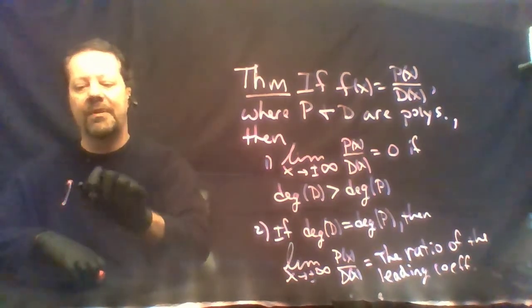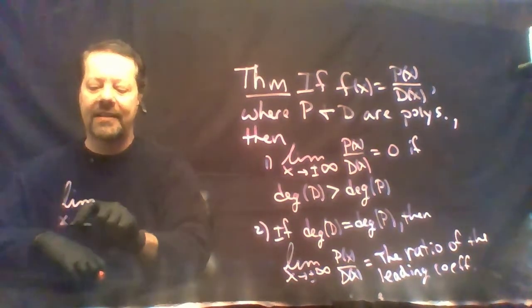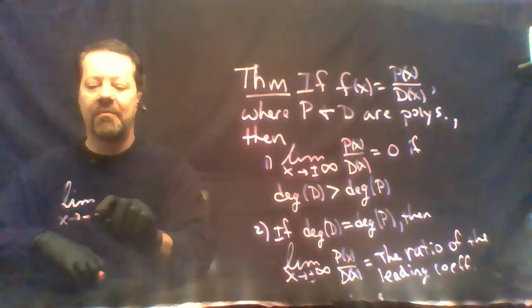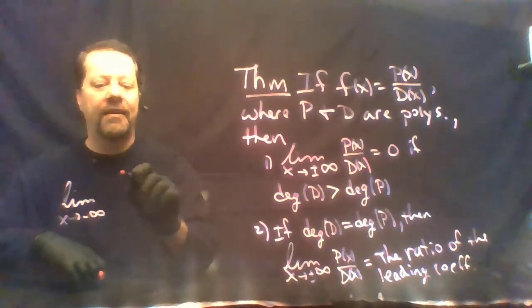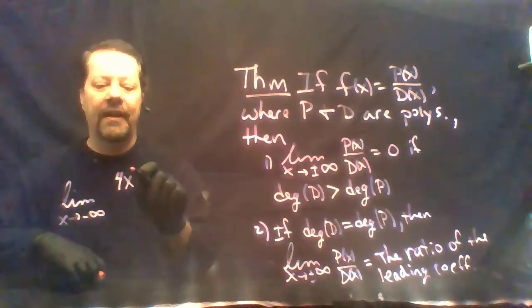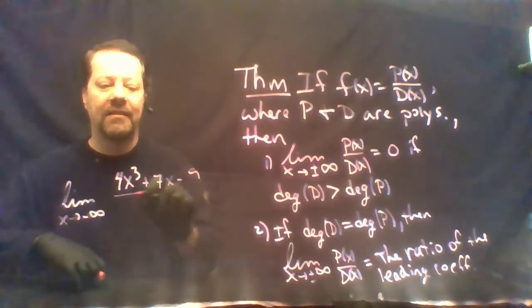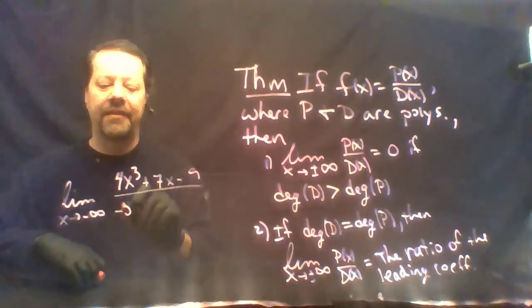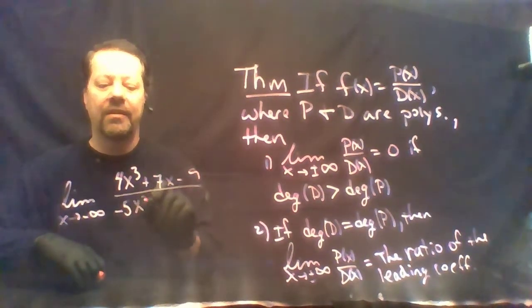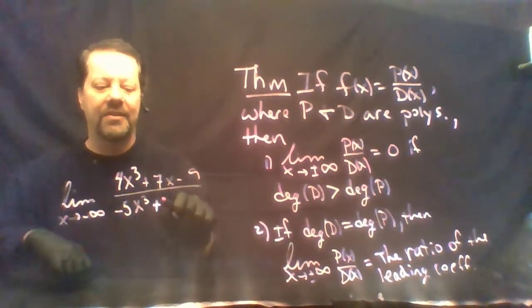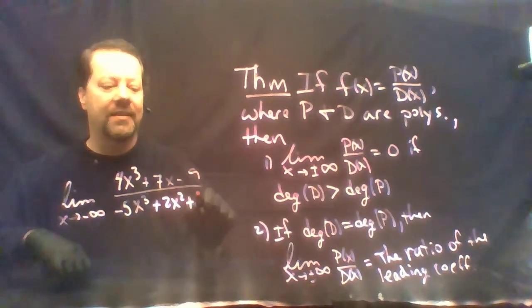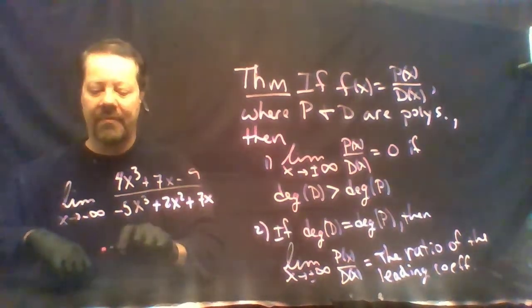So for example, if I have the limit as x goes to, let's say, minus infinity of 4x cubed plus 7x minus 9 divided by negative 5x cubed plus 2x squared plus 7x.